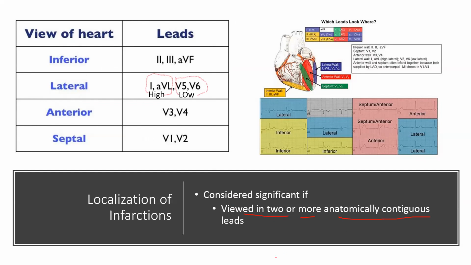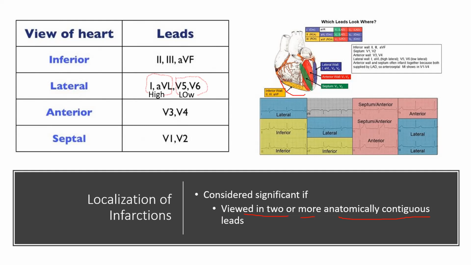So let's identify these 2 contiguous leads. What is a contiguous lead? Now, when we're looking at a 12-lead ECG, actually each lead represents a segment of the heart that it's looking at. For example, if you're looking at the inferior aspect of the heart, where is that?